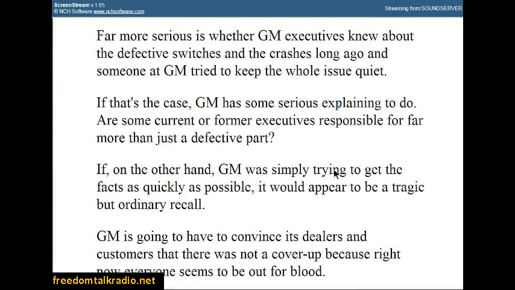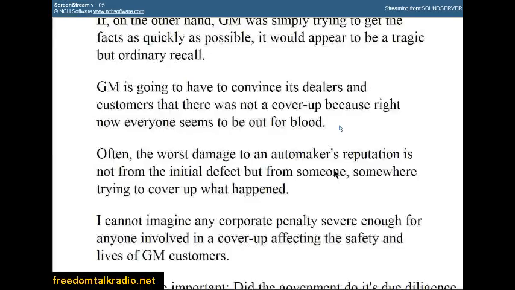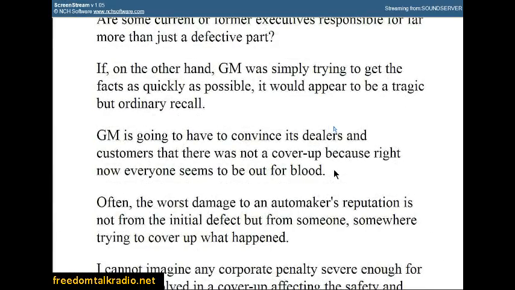If, on the other hand, GM was just trying to simply get the facts as quickly as possible, it would appear to be a tragic but ordinary recall. GM is going to have to try to convince its dealers and customers there was not a cover-up, because right now everybody seems to be out for blood.